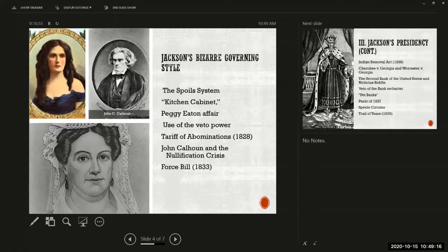Okay, so in 1828, right before Jackson came into office, a very high tariff had been passed and signed into law. This was a tariff that Southerners called the Tariff of Abominations.